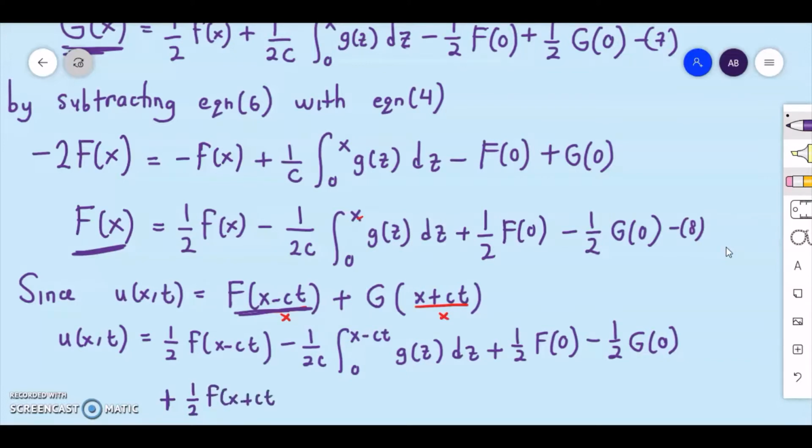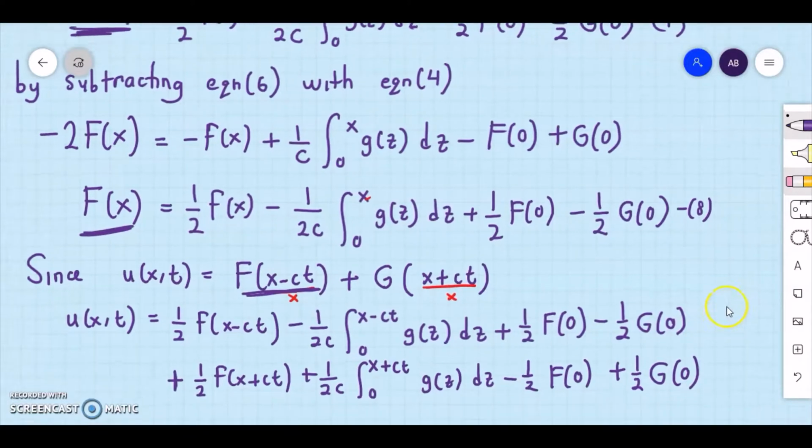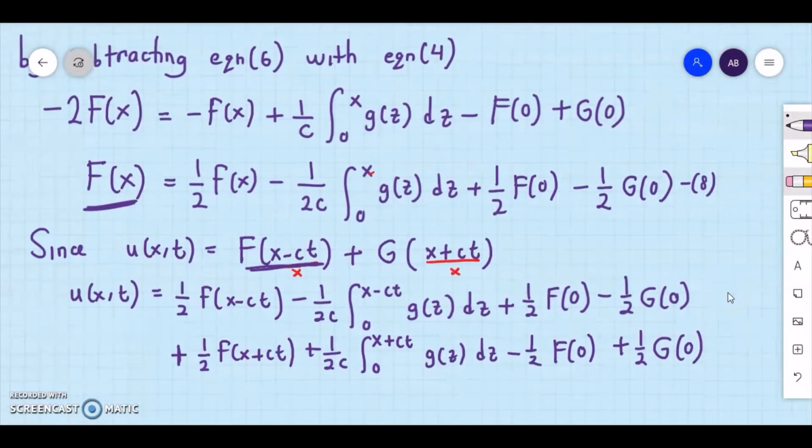So half f of x plus ct, plus 1 over 2c, integral from 0 to x plus ct of g of z dz, minus half f of 0 plus half g of 0.